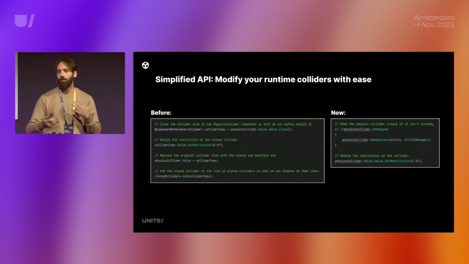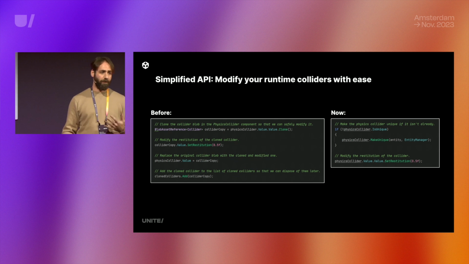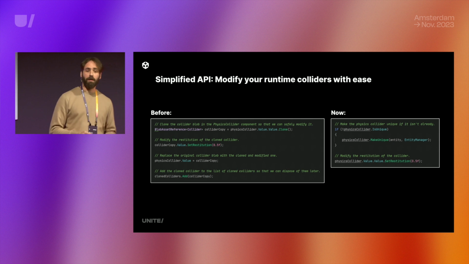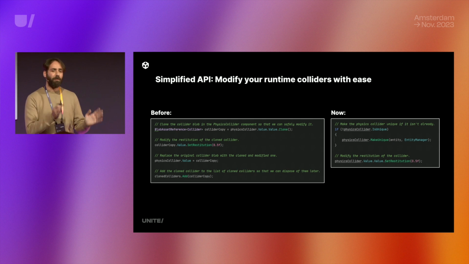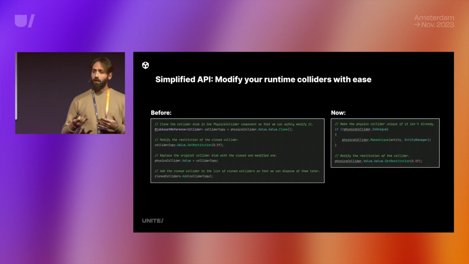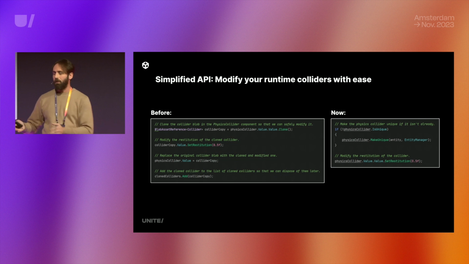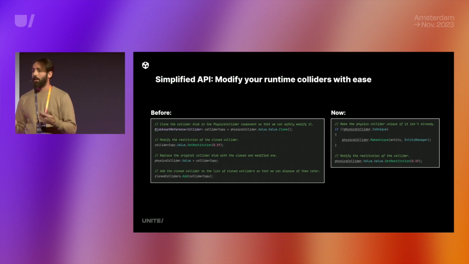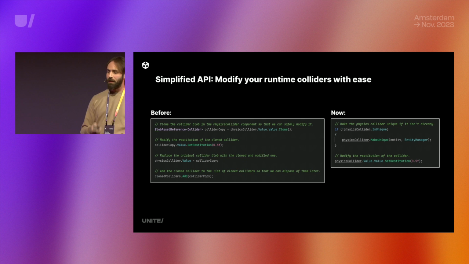So it required a lot of bookkeeping of which colliders were cloned and which weren't. Now you have two very convenient APIs. First, the IsUnique API will tell you if the collider is already cloned or not, preventing unintended clones, and the MakeUnique API will make the clone for you and bookkeep that clone so you don't need to do it on your own.